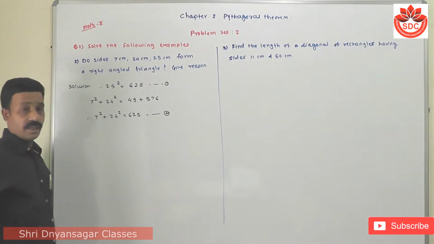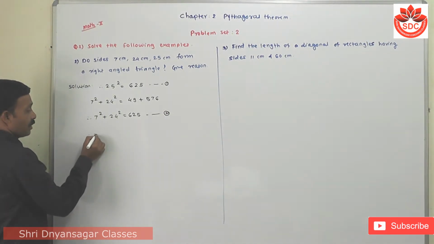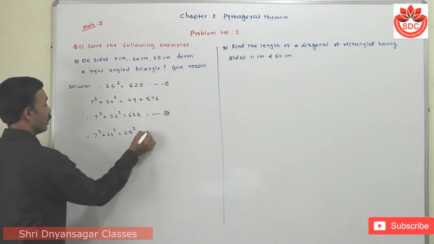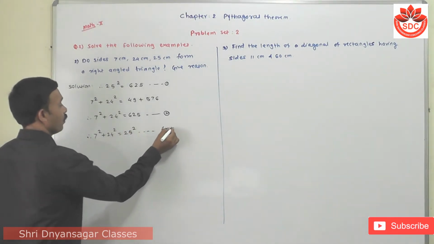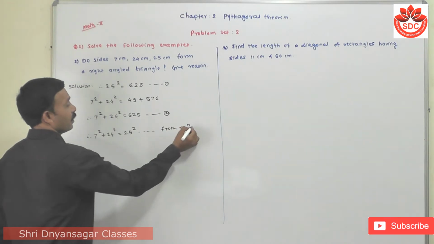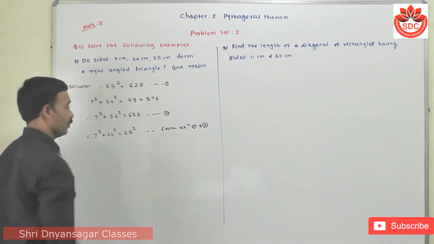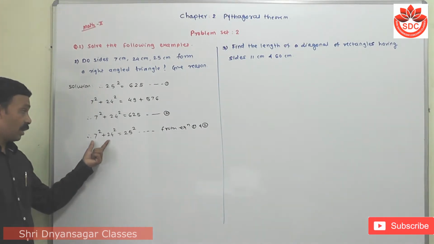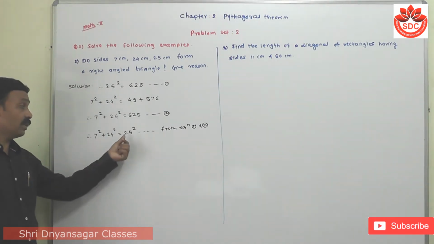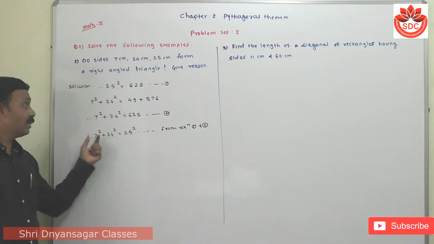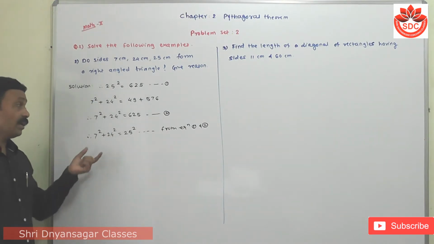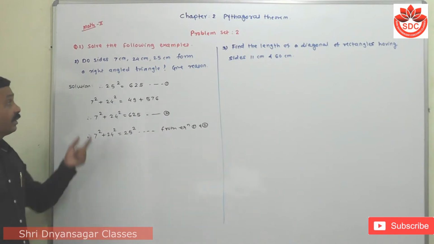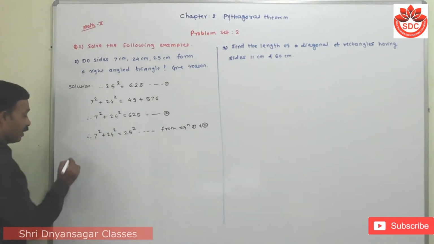When we observe, 7 squared plus 24 squared is equal to 25 squared. Then from equations first and second, the sum of the squares of the two sides is equal to the square of the third side. This is a Pythagorean triplet. By using the converse of Pythagoras theorem, we write that this is a right angle triangle.